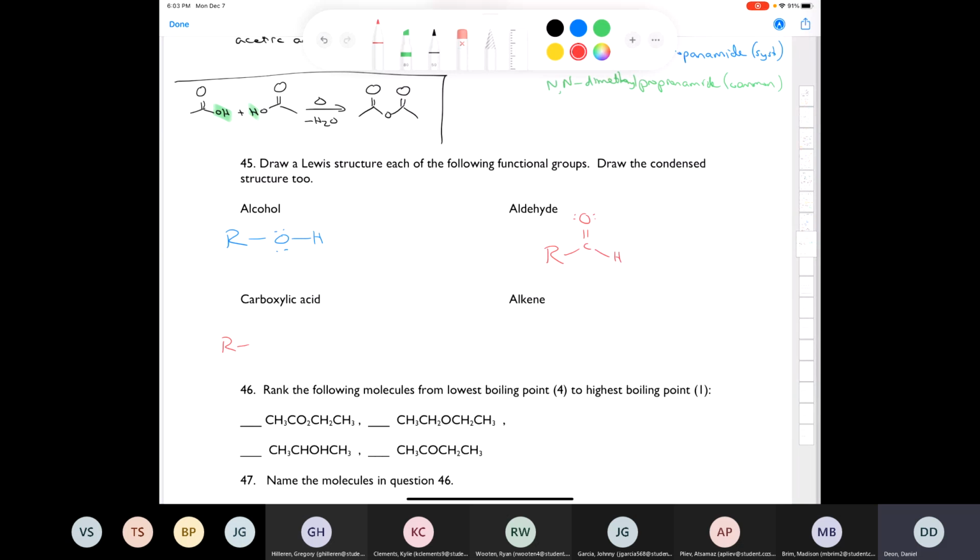A carboxylic acid, got a double bond to oxygen. We have another oxygen with 2 lone pairs, right? But they're 2 single bonds, and we have another R group. And then an alkene is just where we have a carbon with a double bond. All these R1, R2, R3, R4, like that. Alkene.